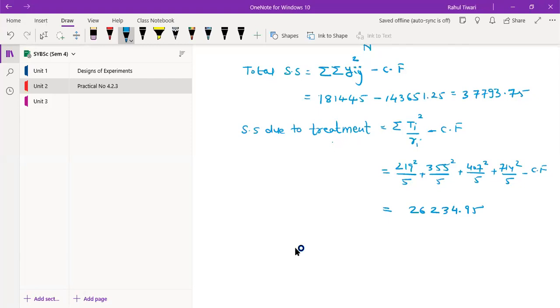And then write down the hypothesis. What is the hypothesis?